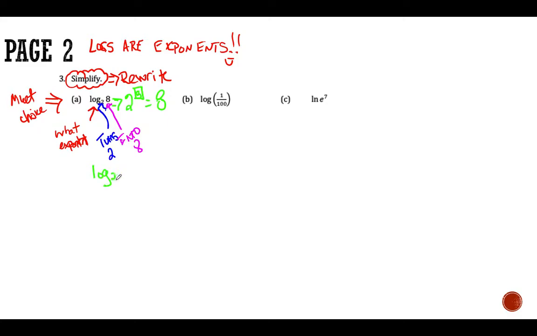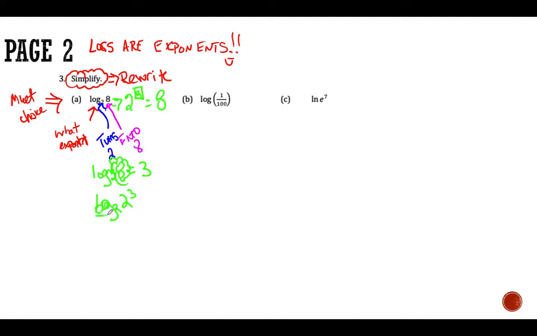Therefore, the exponent that turns 2 into 8 is 3, because 2 cubed is 8. Another way to think about this is take the 8 and see, is there any way I can rewrite this with a base of 2?